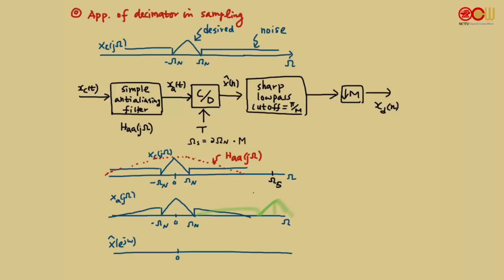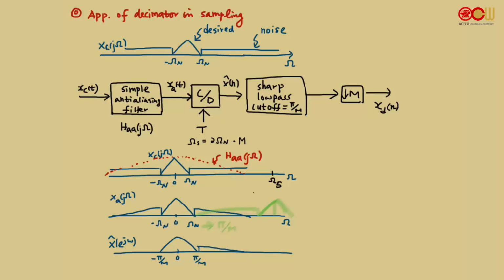Okay, so after we downsample, the ωN becomes π over M. Okay, so let's redraw this. This will become π over M, and this is minus π over M, and then it would also contain some aliased noise.